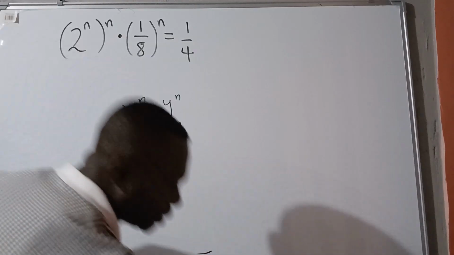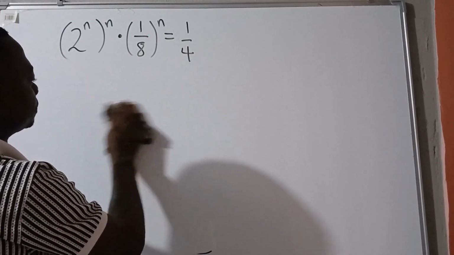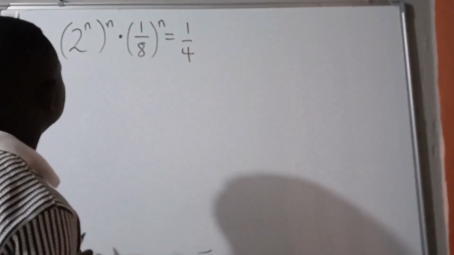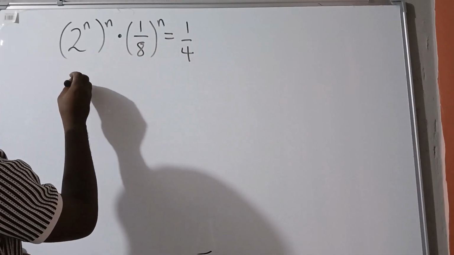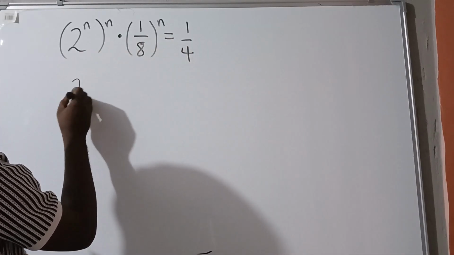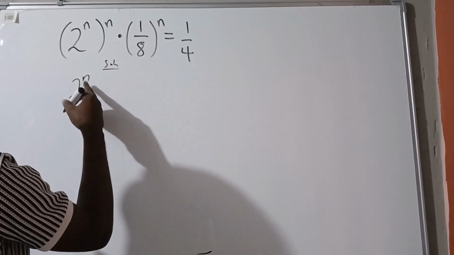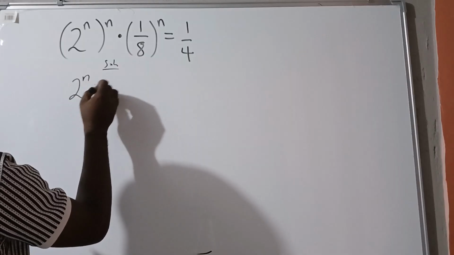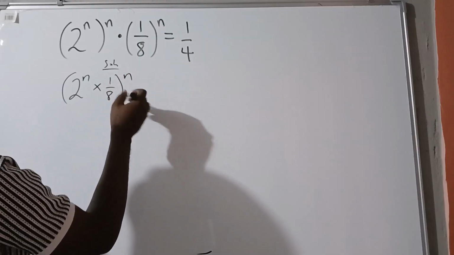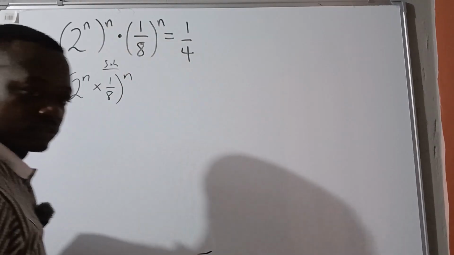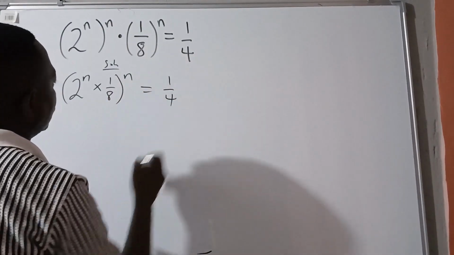Knowing this, I can say 2 to the power of n, to the power of n, times (1/8) all raised to n. Because the power is common, this equals 1/4.